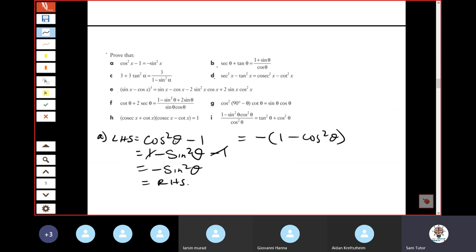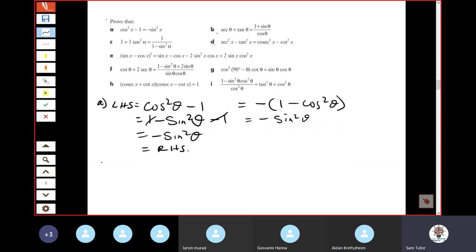If I factorize a negative out from these two, I'll have negative and then 1 minus cos squared. And what does 1 minus cos squared become? Sine squared theta. So that would have been my technique. Your one worked perfectly. It's the same thing. Good job.